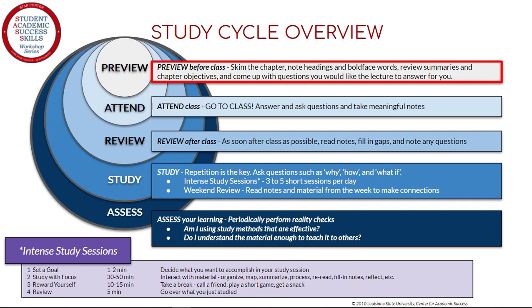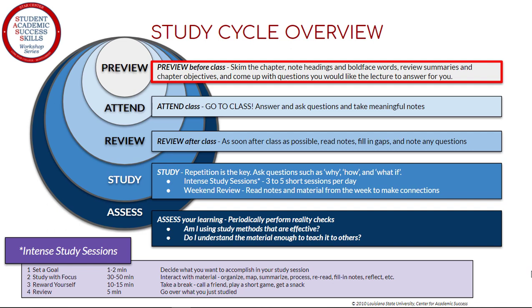So how exactly do you give your brain this big picture before a class lecture or before sitting down to read your textbook? By looking ahead in your book and reading just the section headings, all the bold print, the italicized words, reading any charts or graphs you might see, and reviewing summary sections and chapter objectives.